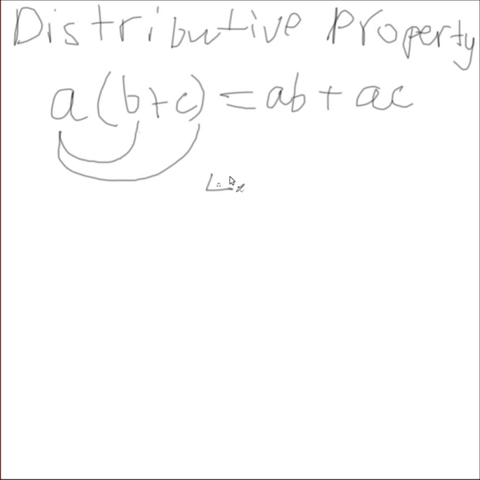So, for example, if we have 45 plus 50, we can take out a 5. And what do I mean by take out a 5? This is all kind of confusing to you right now, probably. So, you can see here, 45 plus 50. So we're going to substitute ab with 45 and ac with 50.